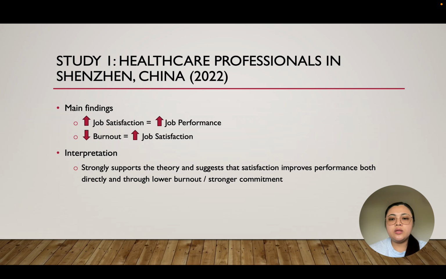Overall, the study strongly supports the satisfaction performance theory because it suggests that job satisfaction improves performance not only directly but indirectly through lower burnout and stronger organizational commitment. So the key takeaway is that workplace conditions really matter in helping satisfaction translate into better employee performance.